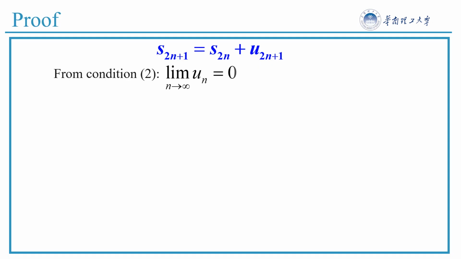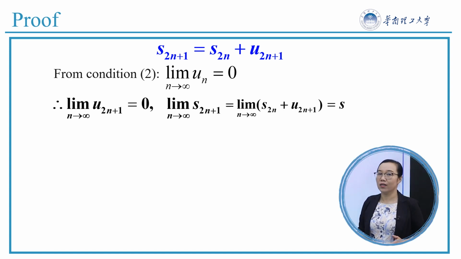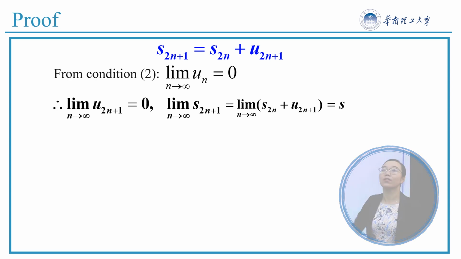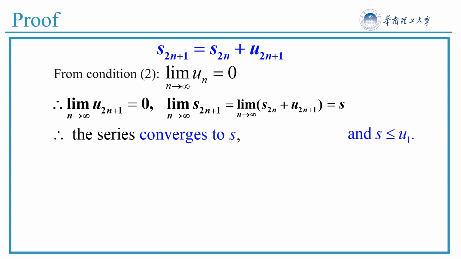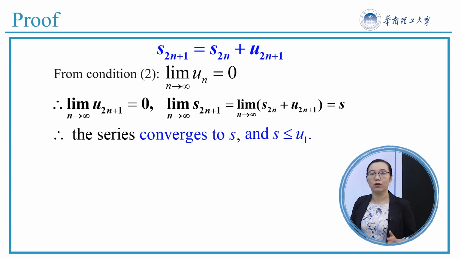From condition 2, we have the limit of Un equals 0, so the limit of U2n plus 1 equals 0, and the limit of S2n plus 1 equals S. So the series converges to S, and S is less than or equal to U1.